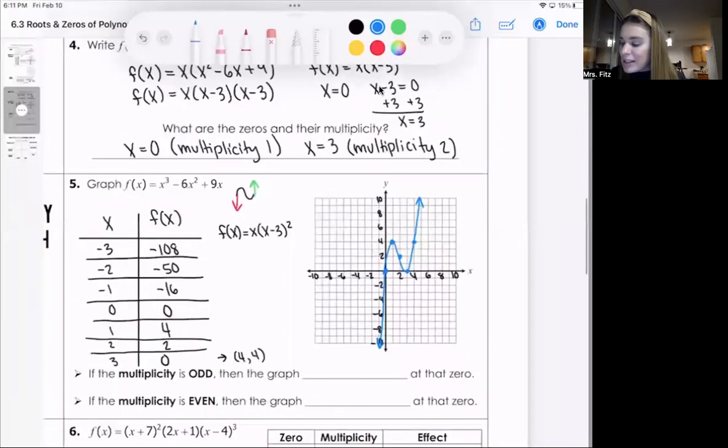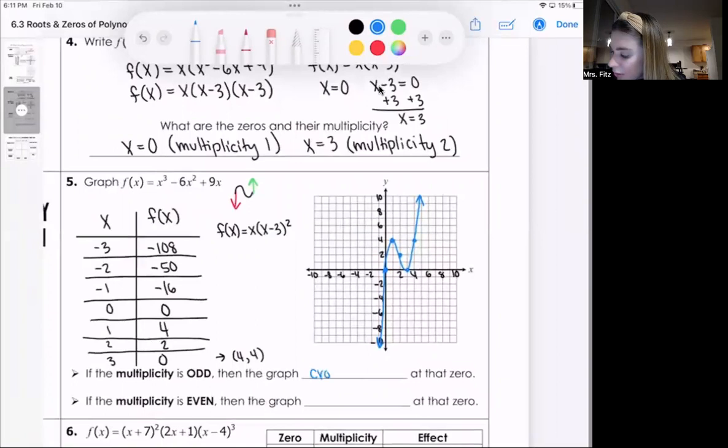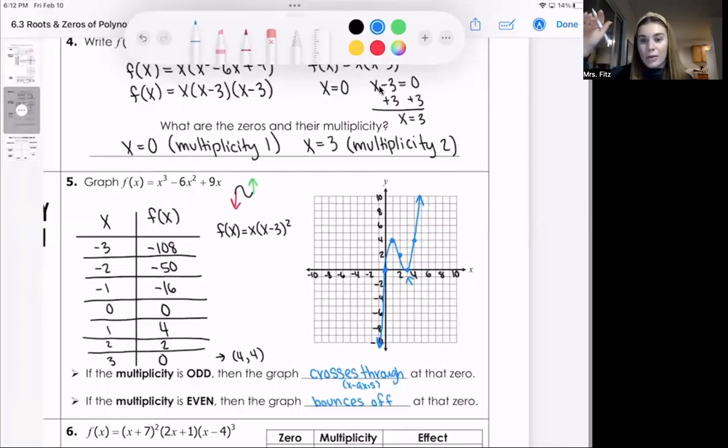So when the multiplicity is odd, like x equals 0 has a multiplicity of 1, then the graph crosses through the x-axis at that zero. If the multiplicity is even, then the graph bounces off the x-axis at that zero. So see how it did here at 3, it bounced off, whereas the other one crossed right through.